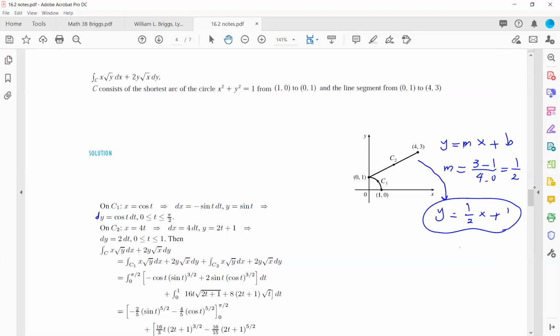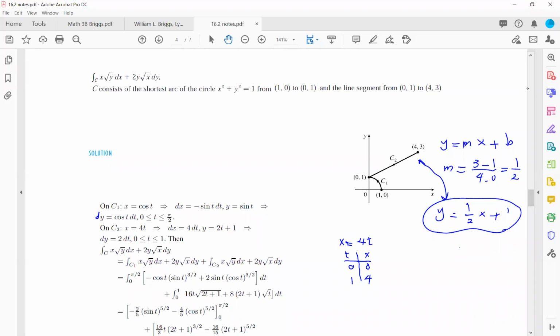This is your line here. Well, since x ranges between 0 and 4, x is 4t. If you plug in 0 for t, x is 0. If you plug in 1, your x is equal to 4. So take a look at this: t is 0, your x is 0; t is 1, x is 4.